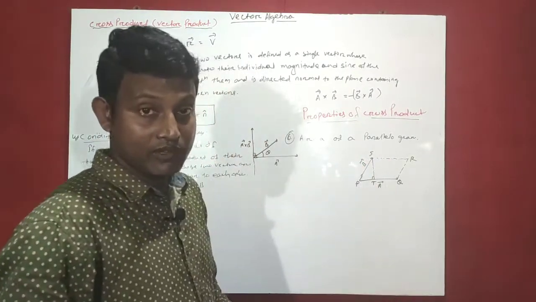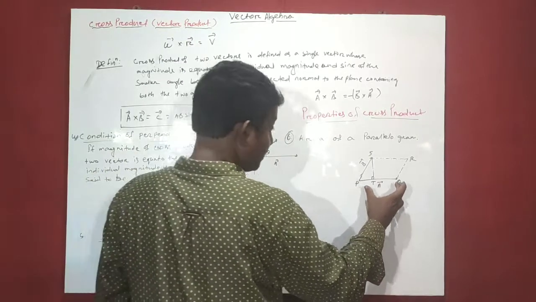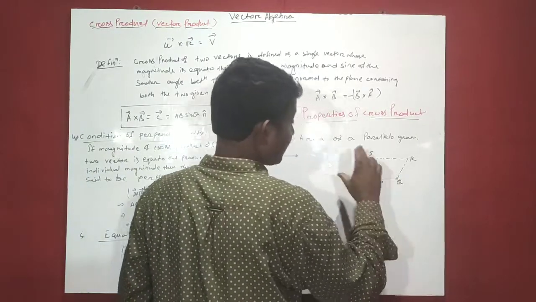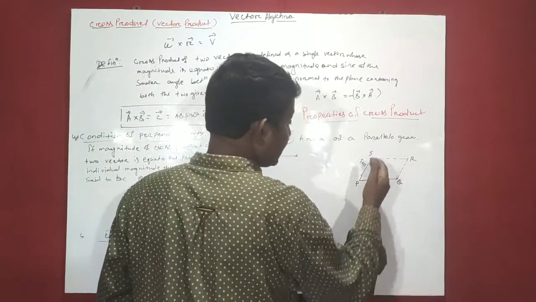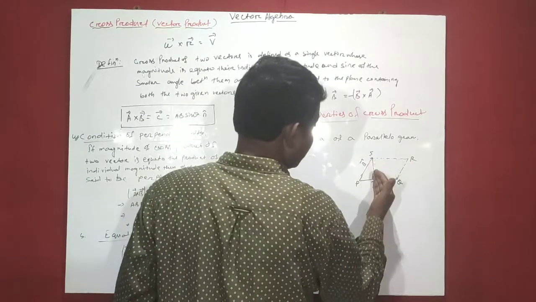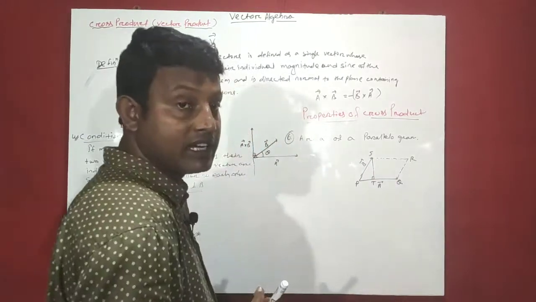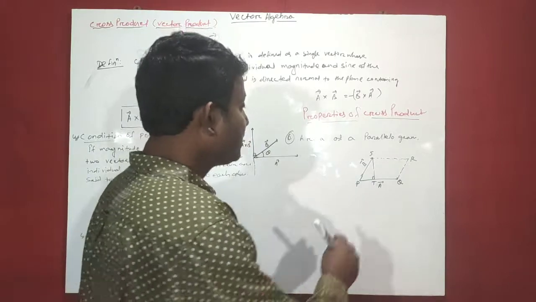The area of the parallelogram can be found by the side and the perpendicular drawn to it, that is the height of the parallelogram.